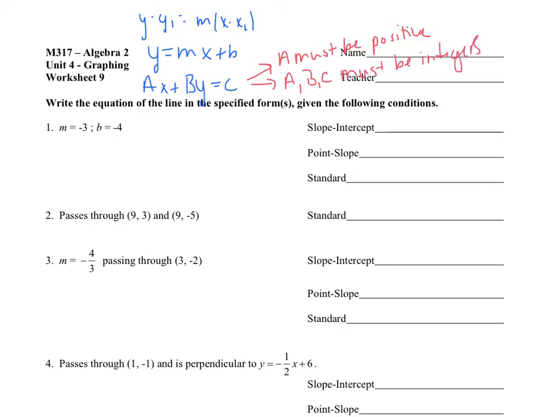Alright, so let's take a look at number 3. We're going to have to go through all 3 forms. Remember that the form that you always want to start in is point-slope form. In order to do point-slope form, you need a point and the slope, which we have both in number 3.